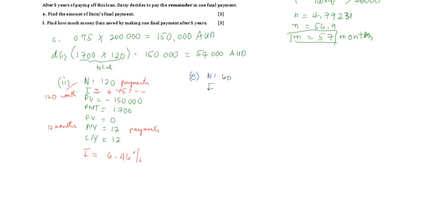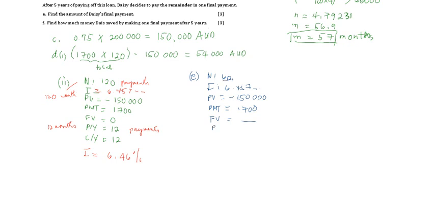The interest, we just copy this, 6.457, just the original. PV is the same, negative 150,000. And PMT, you're paying 1,700. Your future value is the amount to be paid after paying for 5 years. So it's not 0 because we're not consuming the whole 10 years.